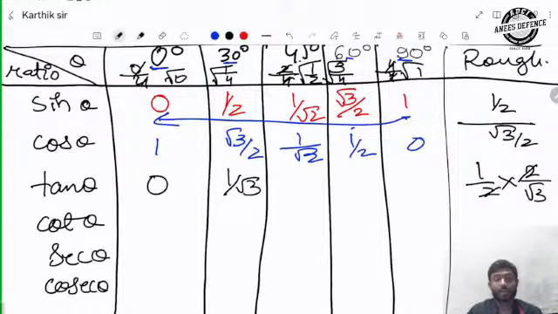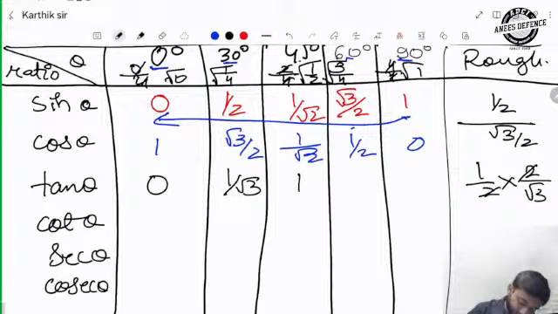In the next one, anything upon itself is 1. So tan 45 degree is equal to sin 45 degree upon cos 45 degree, that is 1 by root 2 upon 1 by root 2. Anything upon itself is 1, so the value will be 1.